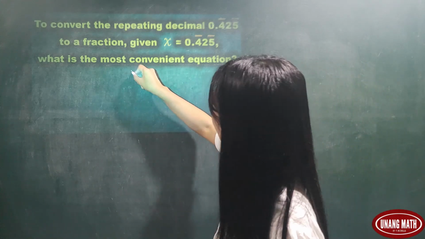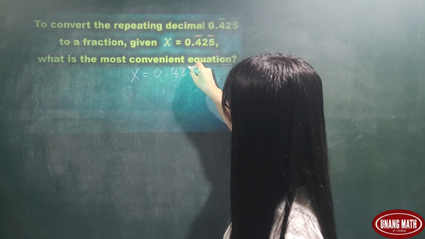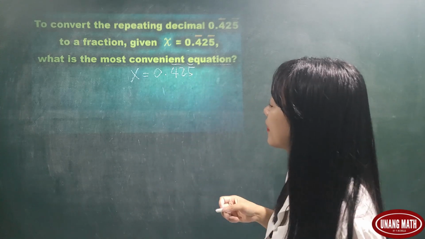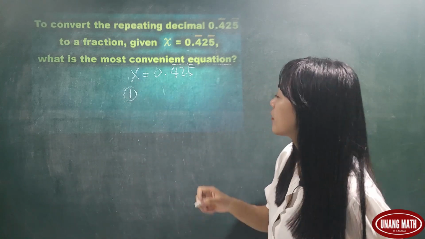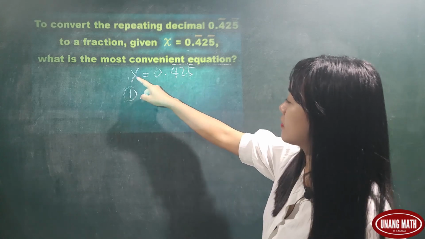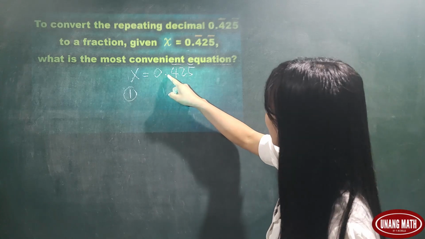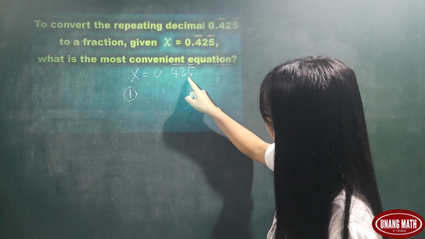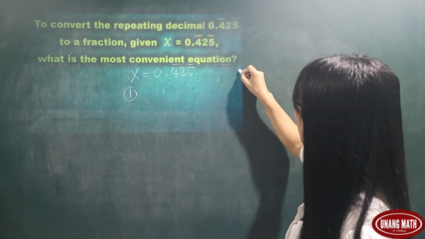So x is 0.425 repeating. Let's have the first equation. We just need to multiply this equation by a power of 10 until all these digits are on the left side of the decimal point.